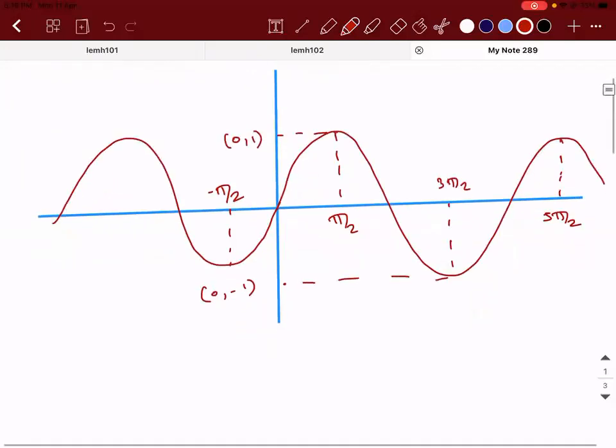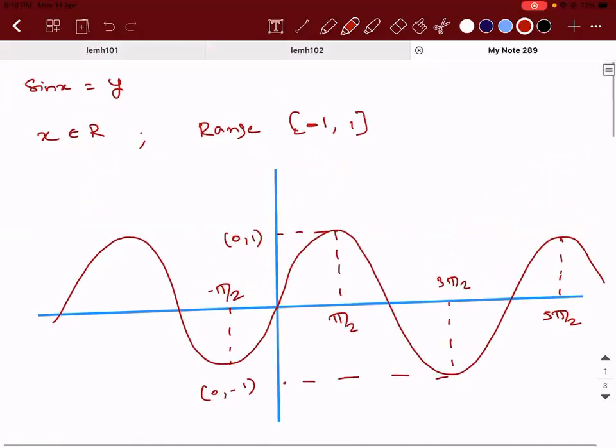Now, is it an onto function in the second case? For me to call it onto or not, I need to define the question properly. I don't know the codomain. The function is sin x, but where is the function defined from?